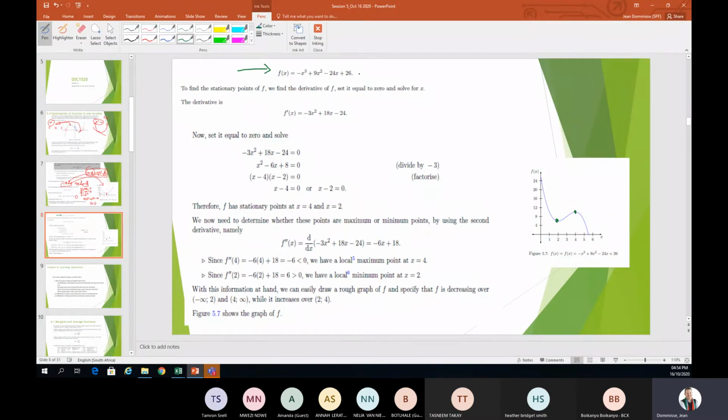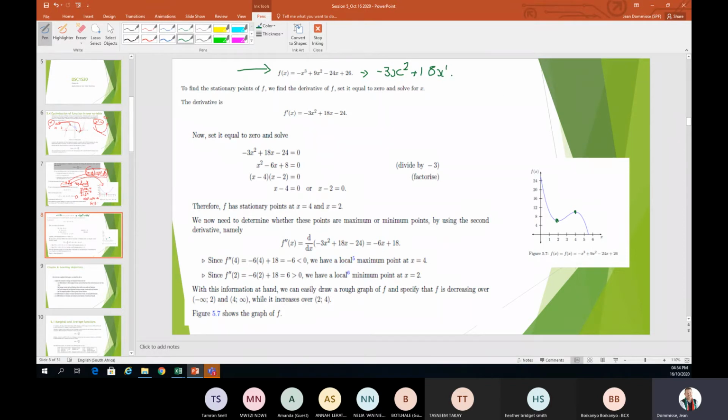So basically, the answer to that differentiation is minus 3x to the power of 2, because the 3 would have gone in front of it. 3 minus 1 gives you the 2. The 2 goes to the front, so 2 times 9 is 18. Then it is x, 2 minus 1 gives you 1. So if you want to, you can write the 1 there.